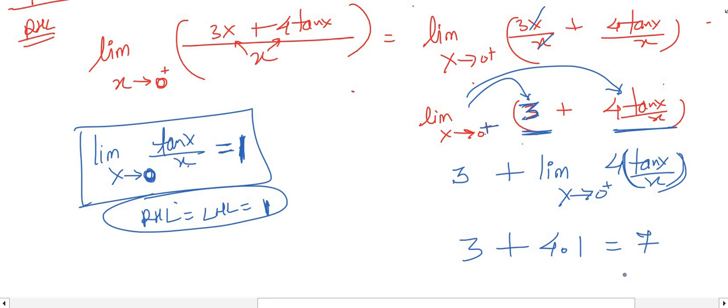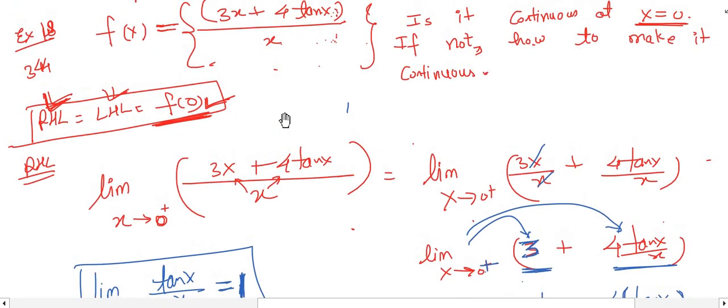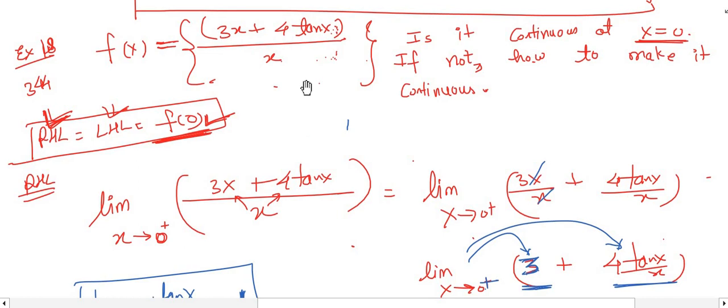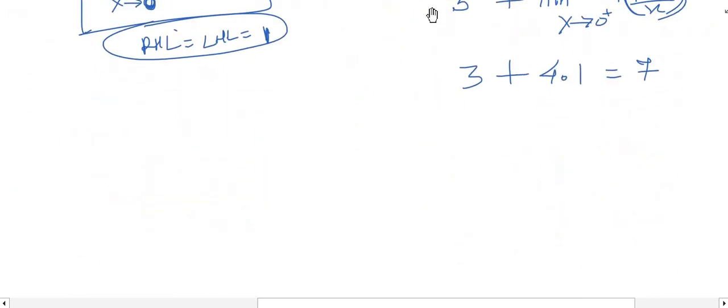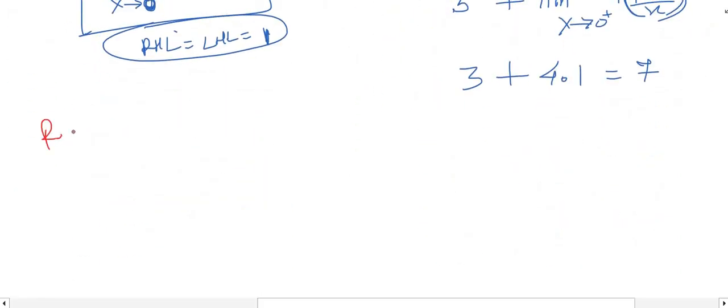So my limit value of this function is coming to be 7. But the function value was not even defined, as we calculated before. So this is the problem we are facing. LHL is there, RHL is there, but the function is not defined at x = 0.